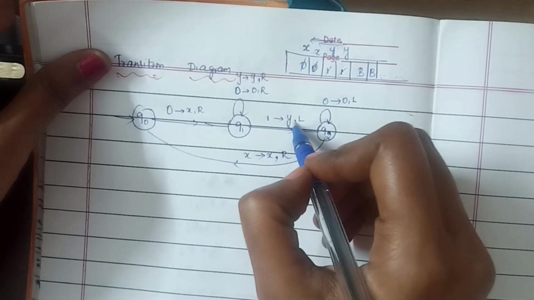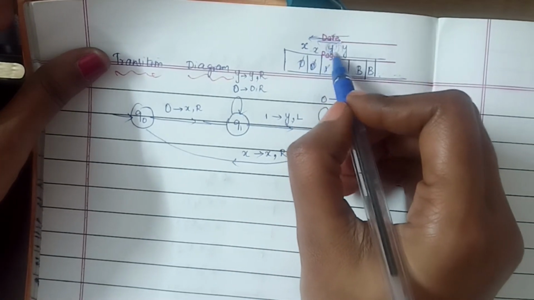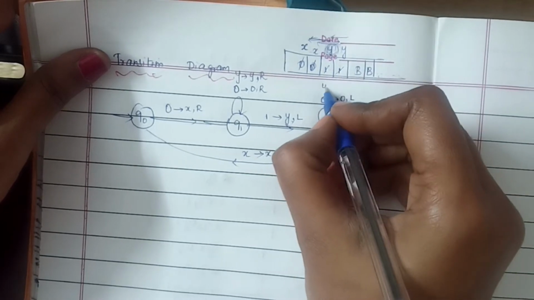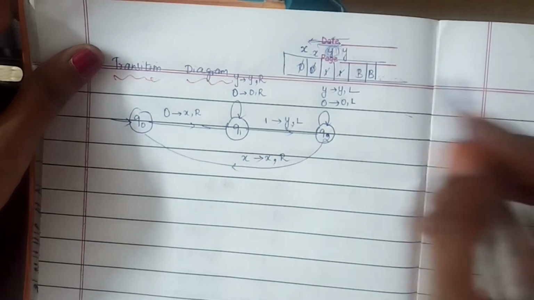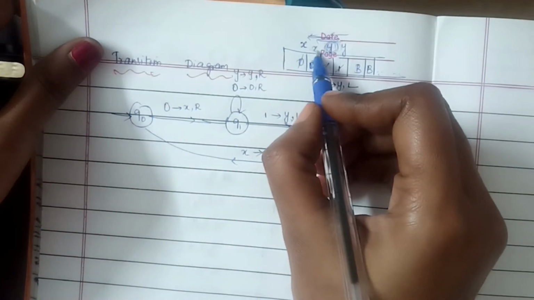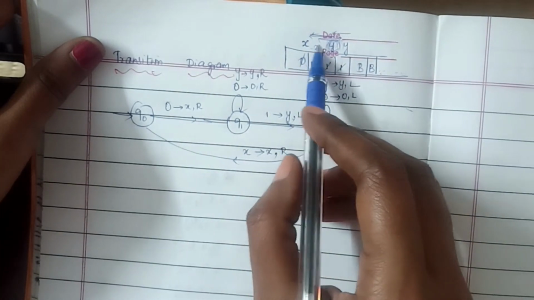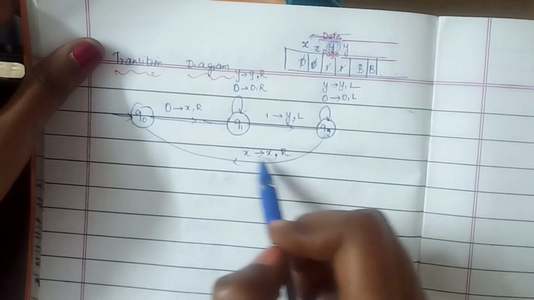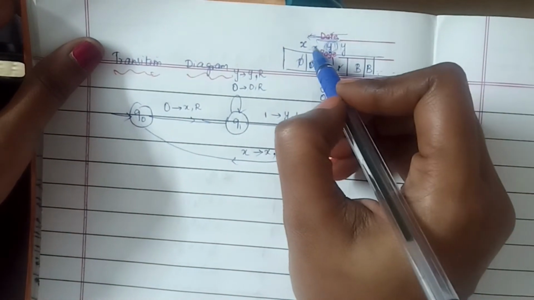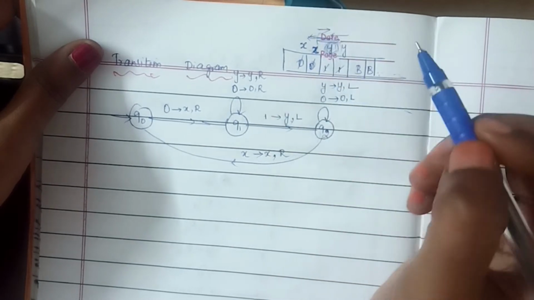After that, when you go in the leftmost direction and see this y, it stays y and goes left. It continues until it reaches the x direction, so this loop keeps happening. Once it sees this x, it goes in the right direction.